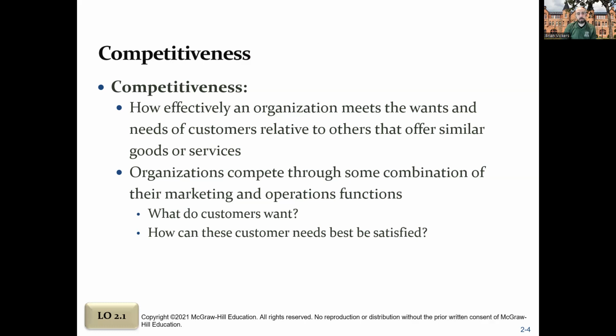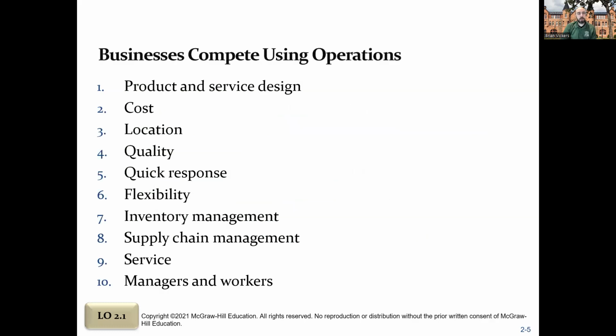So it's any combination of marketing and operations that helps determine what customers actually want and how we can satisfy those needs in order to gain an edge on our competition. In the operations department, so discounting marketing, your book talks more about the marketing elements of competing, but this is an operations class.